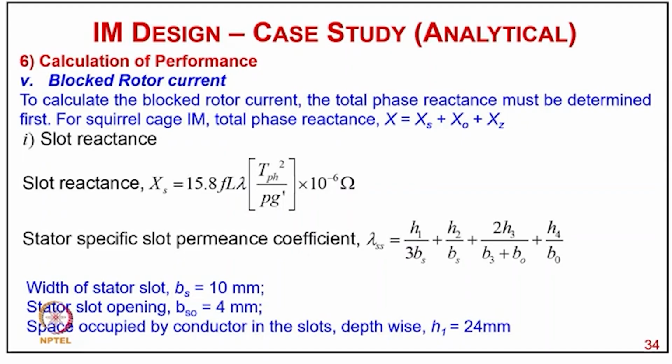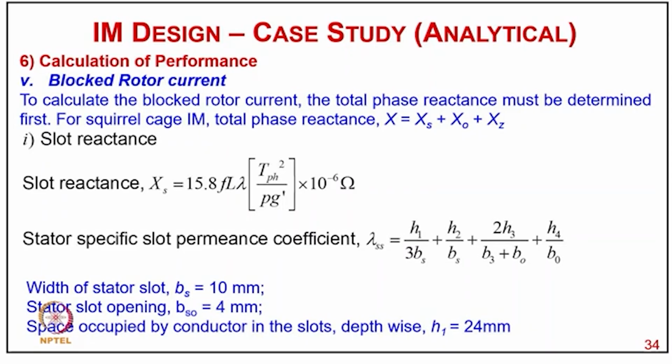So for an equivalent cage motor, the total reactance is XL equal to XS plus X0 plus XZ. The slot leakage reactance is XS equal to 15.8 f L lambda in bracket TPH square upon P G dash into 10 power minus 3 ohm. The stator specific slot permeance lambda SS is H1 upon 3 BS plus H2 upon BS plus 2H3 upon (BS plus B0) plus H4 upon B0, according to the slot dimensions.